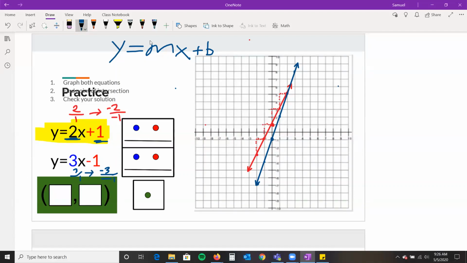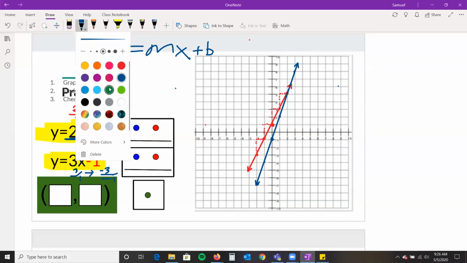And then same exact thing on the second one, guys. We start at -1. We can place a point right off the bat. And then we do rise 3, run 1, rise 3, run 1. Okay, and so then I look at where they intersect.